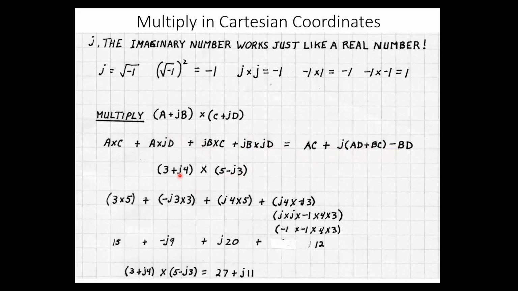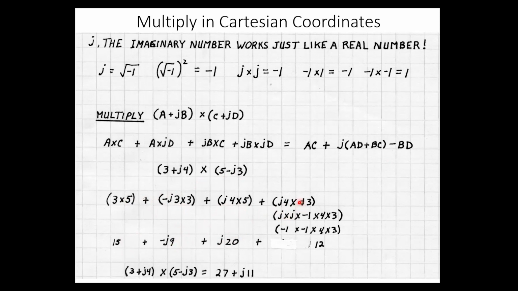Now let's do it with real numbers. So I've got 3 plus j4 times 5 minus j3. Now I've got 3 times 5, which equals 15. I've got minus j3 times 3, which equals minus j9. I've got plus j4 times 5, which equals j20. Now over here, my j4 times minus j3, I've got j times j, which equals minus 1, right?